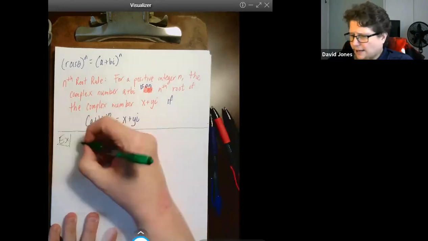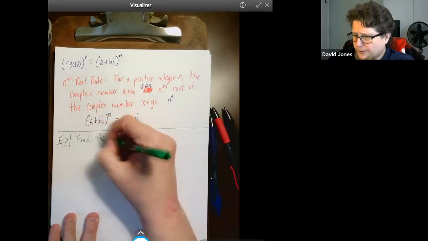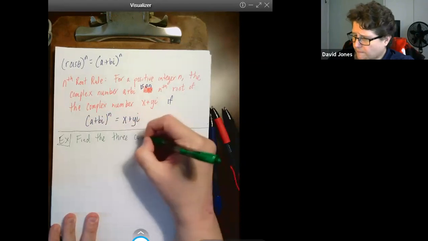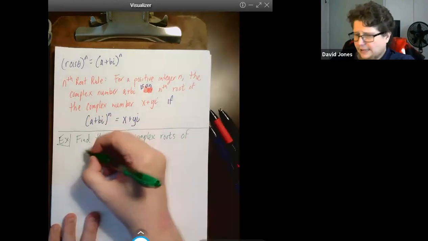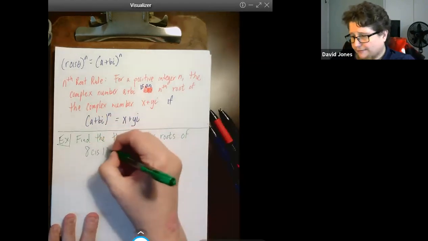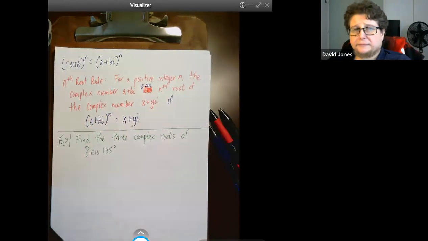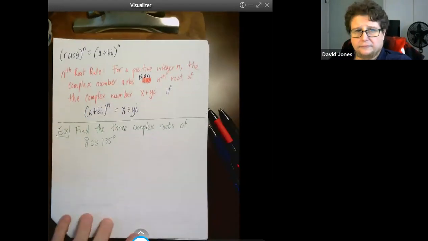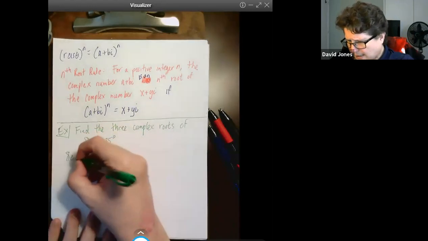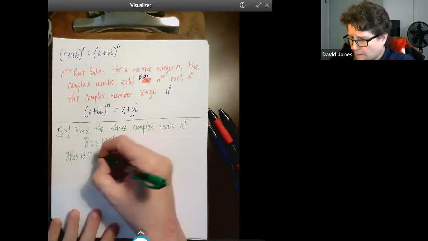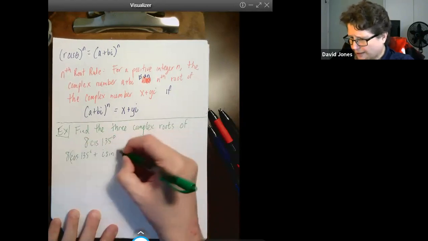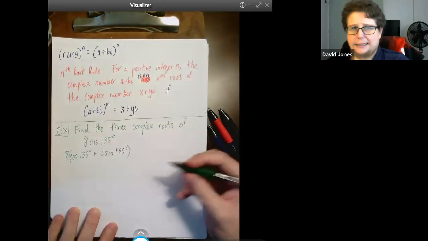Example: find the 3 complex roots of 8 cis 135. Okay. So this is 8 times cosine of 135 plus i sine of 135, and I got the 8 out in front in parentheses.